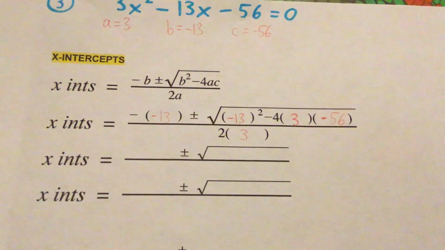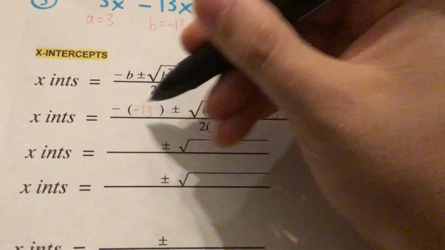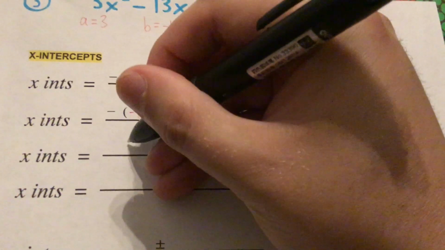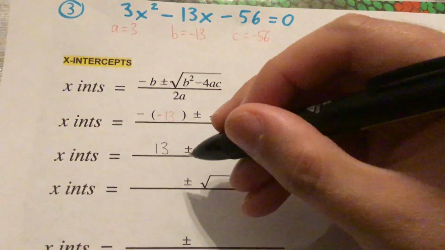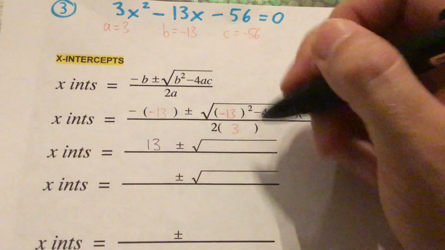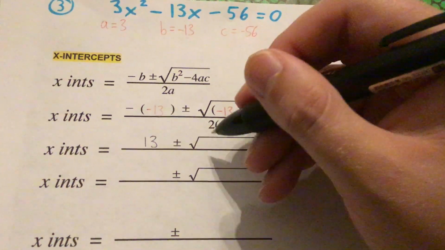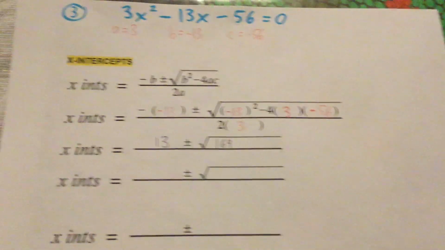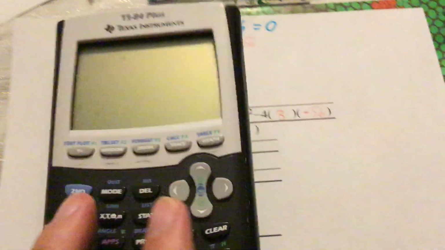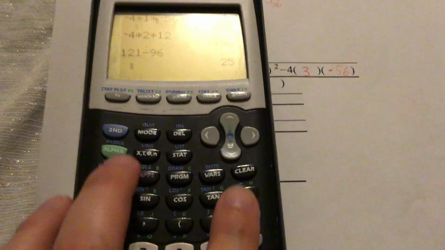So now let's clean this up. Negative 13, well, that's just a positive 13. Okay? 13 plus or minus the square root of negative 13 quantity squared. Negative 13 times negative 13 is 169. And then I'm definitely going to need a calculator for this part. Clear, clear, clear.